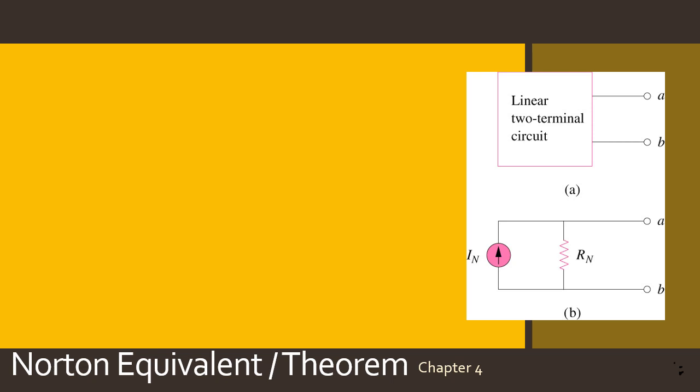So for the Norton equivalent theorem, we can replace a two-terminal circuit with a current source in parallel with a resistance. Due to this, we need to find two things: the Rn, and also the In, the Norton current.